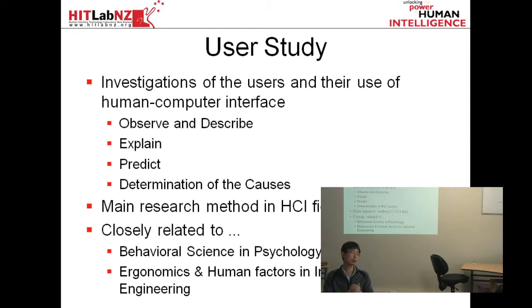Traditionally they focused on man-machine interfaces, which do not necessarily have to be a computer, but a computer is a machine that you interact with. So those findings in industrial engineering could also be very related to the HCI field. Keep in mind that the methods we use in HCI originated from these other fields of study.